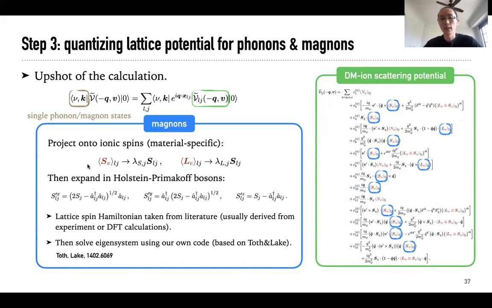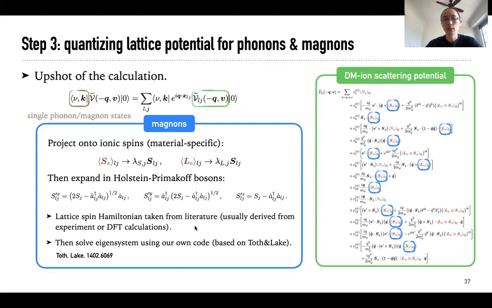But the result of that calculation is essentially two numbers for each ion, showing how much of the ionic spin comes from the spins of the electrons, and how much comes from the orbital moments. These are the lambda s and lambda l parameters. Once we have that, we can write everything in terms of the couplings to the ionic spins. Then we expand the ionic spin operators in Holstein-Primakoff bosons and work out the diagonalization for the spin Hamiltonian.